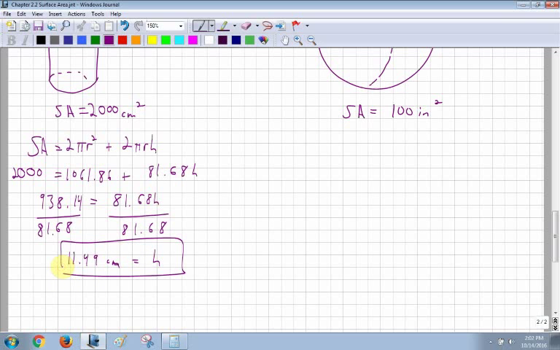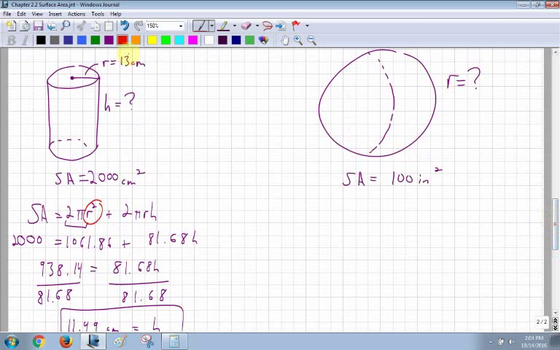Now I had a question too from a student about what happens to the centimeters. Why is this one centimeters squared? And why am I allowed to take 2000, which is centimeters squared, and subtract this 1061.86, which we don't know? She thought it was centimeters. But it's kind of interesting when we go through this part here, and more importantly, the r squared.